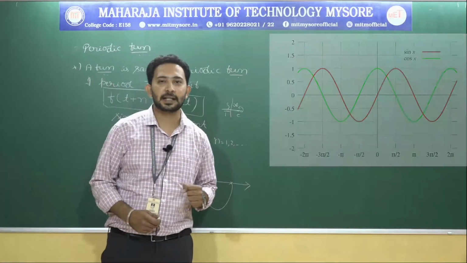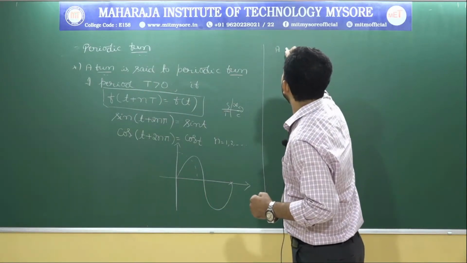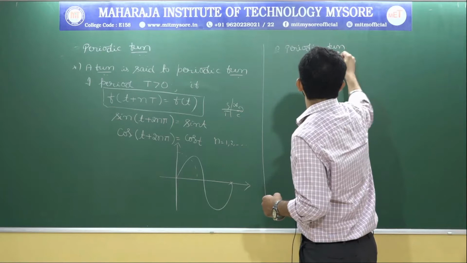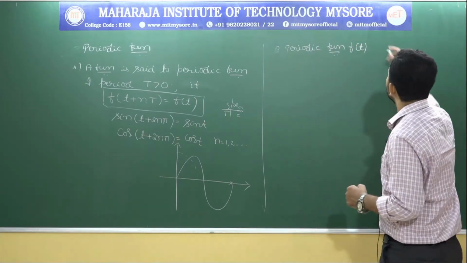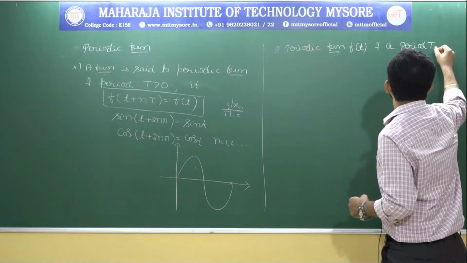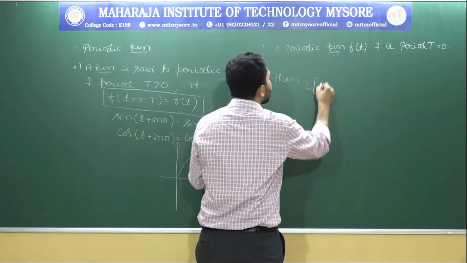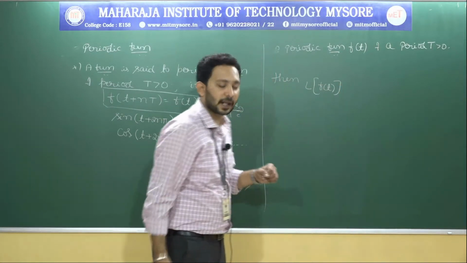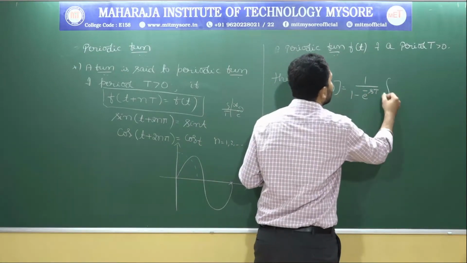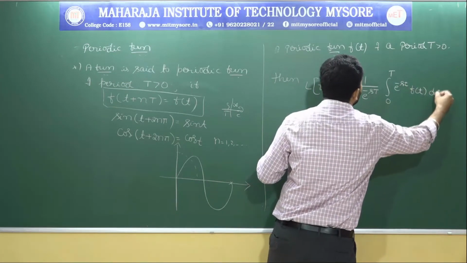Then what is the Laplace transform of a periodic function? See, a periodic function f of t of a period T which is greater than 0, then Laplace of f of t, the Laplace transform of a periodic function, is 1 over 1 minus e power minus s capital T, integral from 0 to T e power minus s t into f of t into dt.